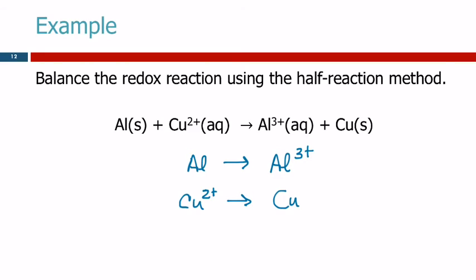And again, I'm not going to worry about the state symbols when I'm doing the half reactions. Our ultimate goal is this equation, and so when we write it all back together, we'll just copy down the state symbols. So I need to balance this half reaction. I've got a +3 charge on this side and a 0 charge on that side.